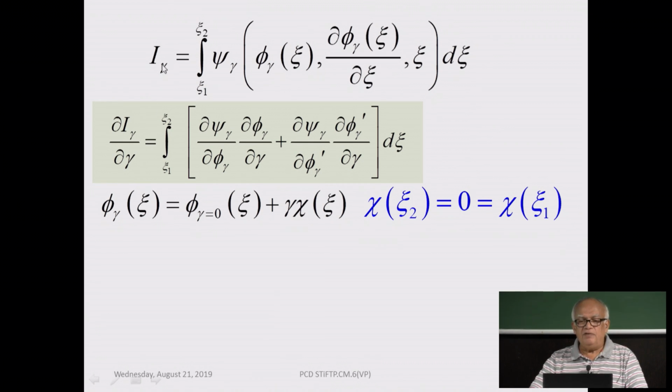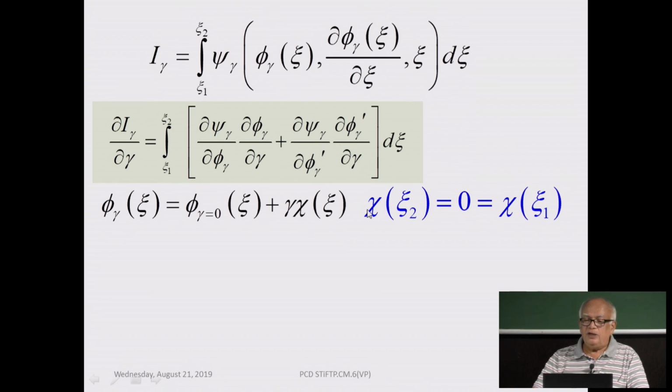So, the partial derivative of I with respect to gamma will involve the derivative of psi with respect to phi gamma and the rate at which phi gamma depends on gamma coming from here, and then the partial derivative of this term with respect to del phi by del xi, which is what I represent as phi prime. But then you do not have to consider the variation of I gamma with respect to xi, because this term determines I, but it does not depend on gamma, that is an independent variable altogether. So, there are two terms over here, right.